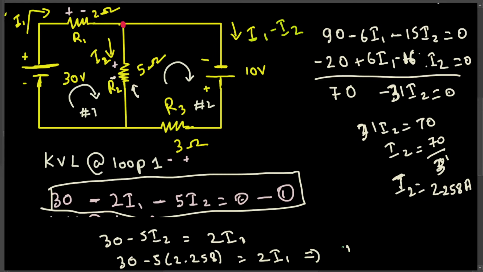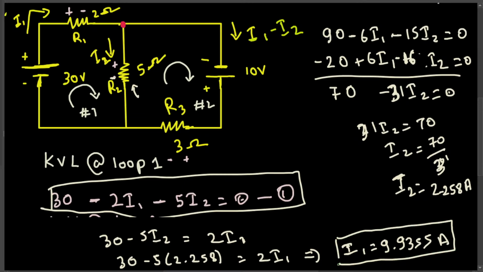If you rearrange and solve for i1, you're going to get 9.9355 ampere. Okay, so that's basically i2 and i1. Those are the two things we wanted to find, and we already found them.